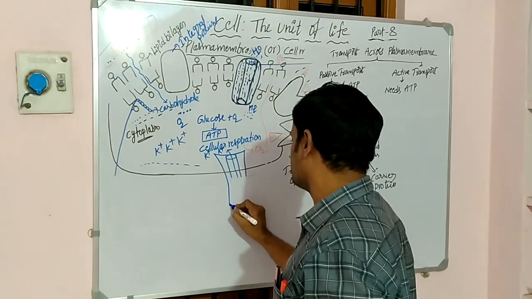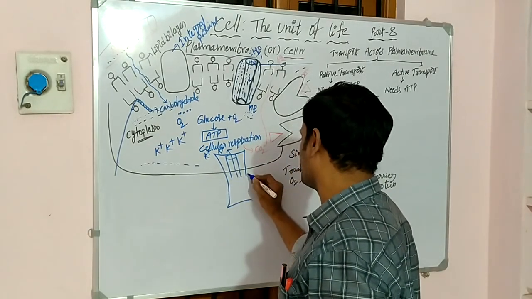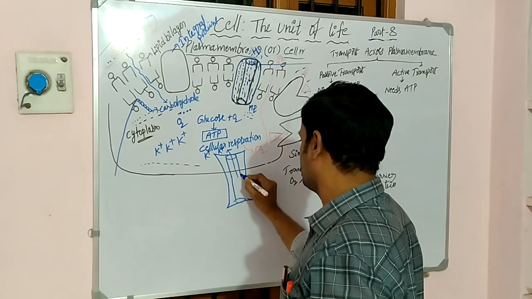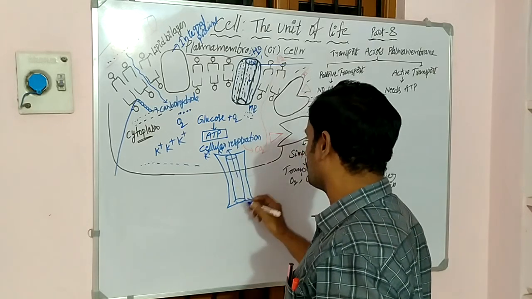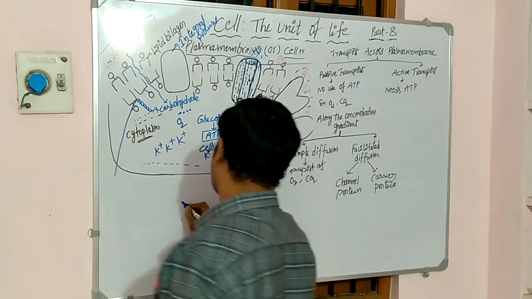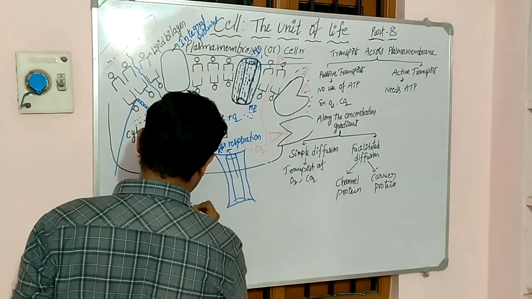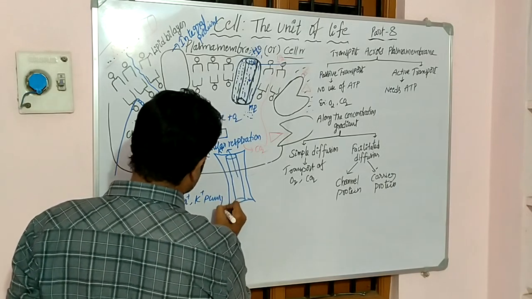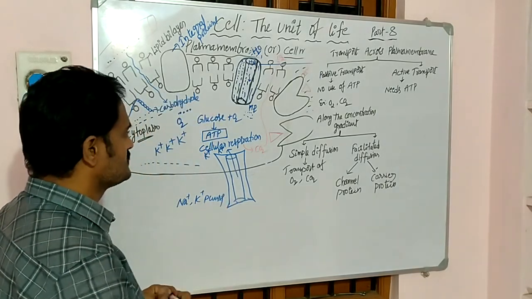See, this is one type of protein. This protein is called what? The sodium potassium pump. So this is one kind of protein.